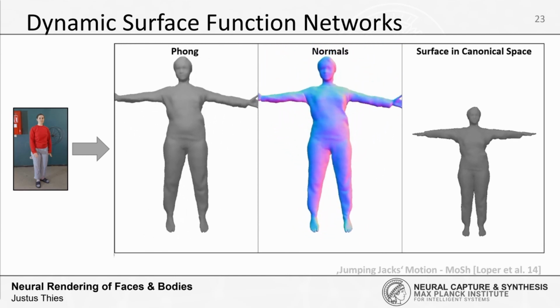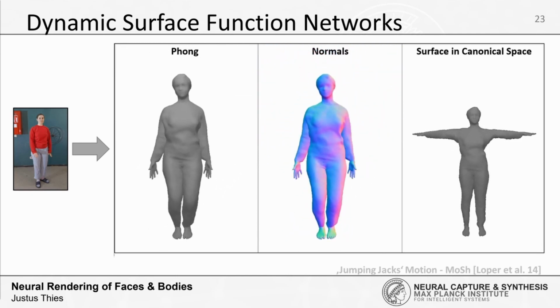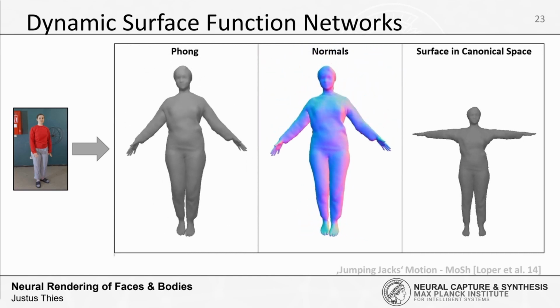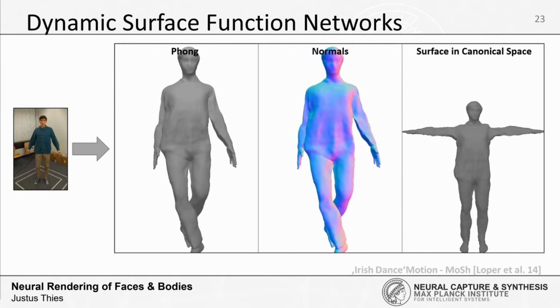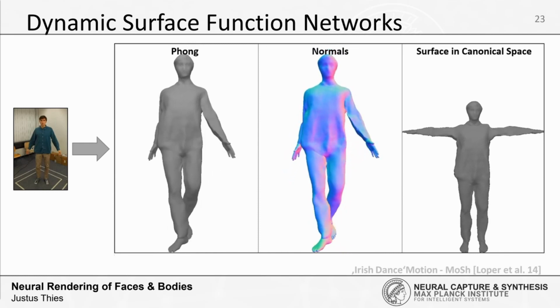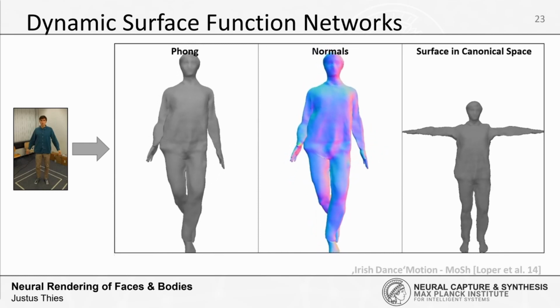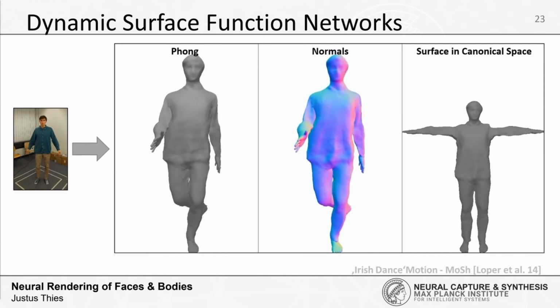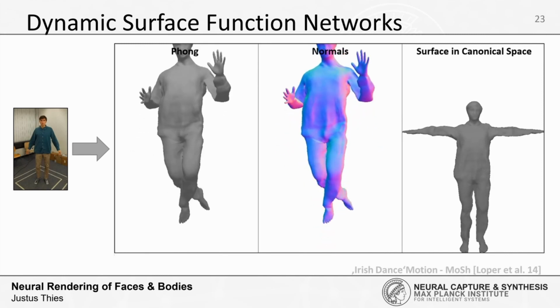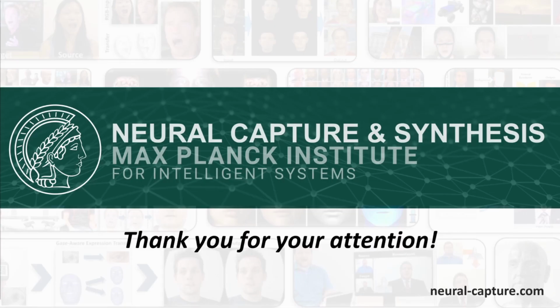As a next obvious step, we will also integrate the color reproduction into this network. At the moment, this is only for the surface reconstruction, but it is also quite simple to add color to the MLP, such that we also predict color information.